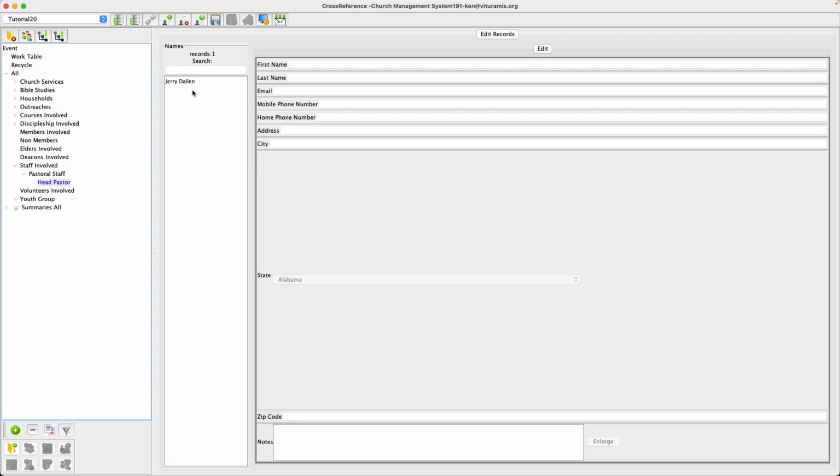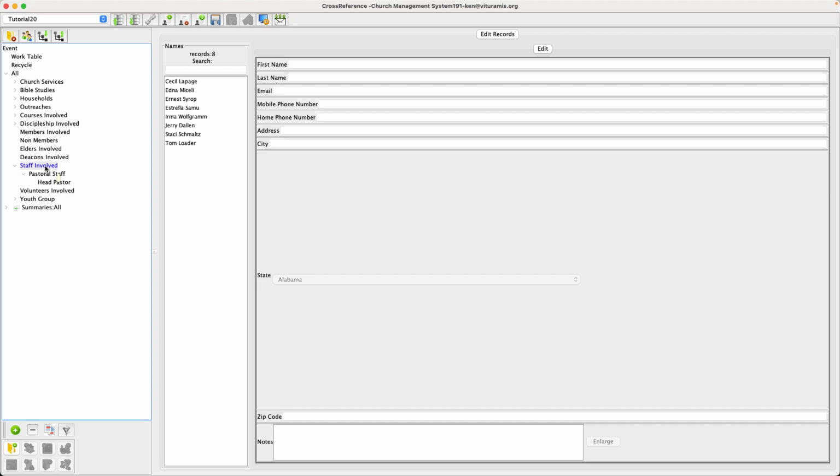Let me show you what I mean. Jerry Dallin is part of the head pastor group, but that head pastor group is part of pastoral staff, so Jerry Dallin does show up as pastoral staff and also shows up as staff involved. So you get all that information in one go. He's head pastor, part of the pastoral staff, and part of staff involved.